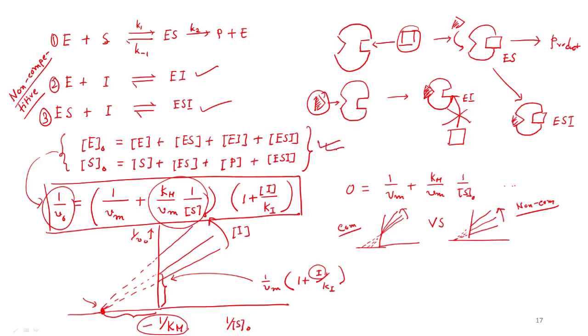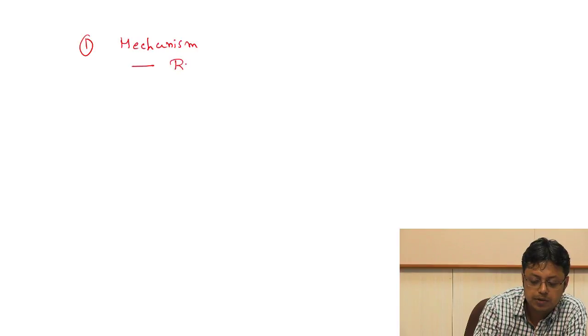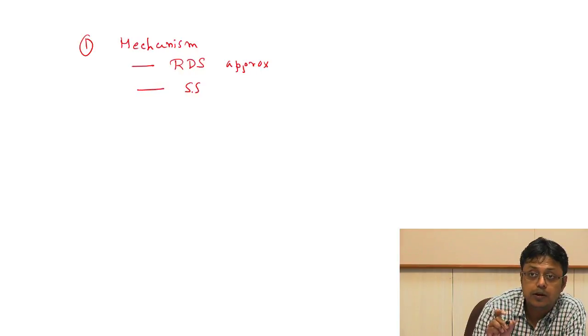So what we studied in this entire lecture is that we first started with what is meant by a mechanism, and we talked about 2 approximations. One is known as the rate determining step approximation, and the other one is the steady state approximation. And we solved very interesting reactions for that.